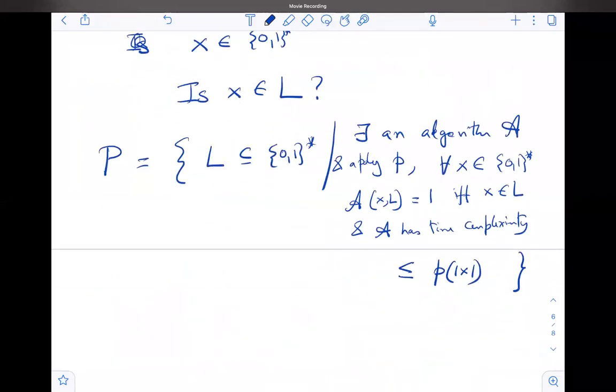In the knapsack setting, L can be the set of all instances of knapsack which have maximum value more than t. The terminology comes from the linguistics world, but we are going to use it for mathematical things. So any problem is represented as a language.